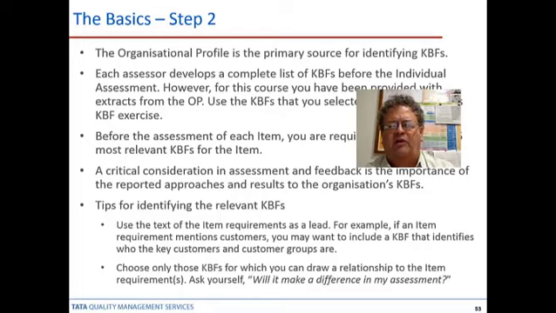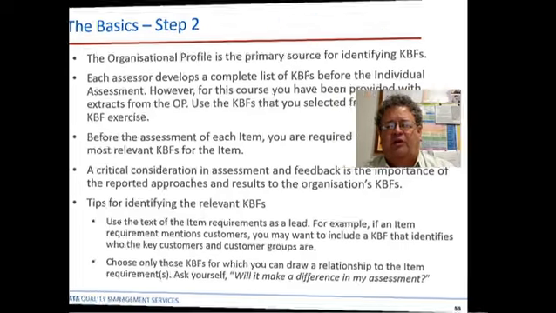You're looking for the small number, the 4 to 6, that would be most relevant to this particular company, because you want to review what those are and keep those in mind as you're doing your assessment of this particular item. So you're basically saying that for every item, go and re-review the KBFs and remind yourself of at least the top few that will be most influential on the way you look at this item.